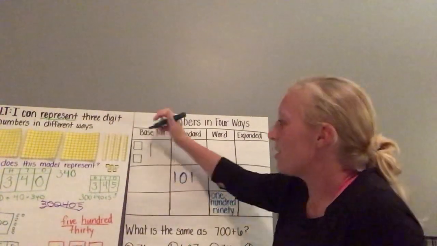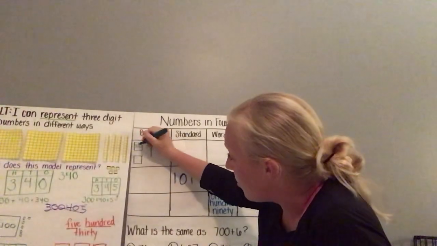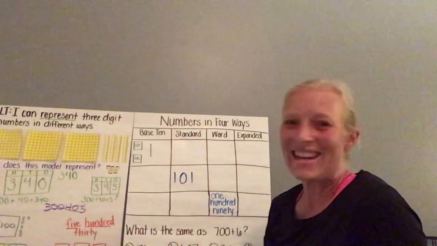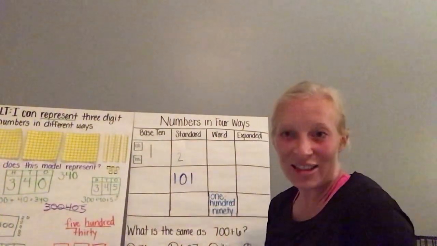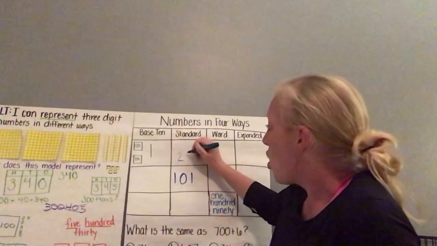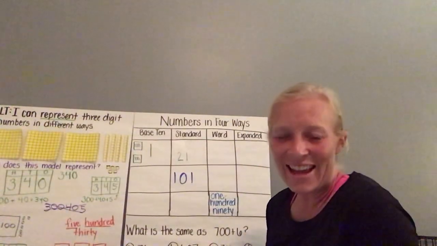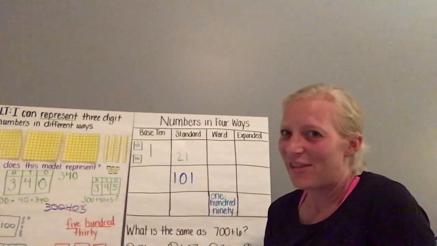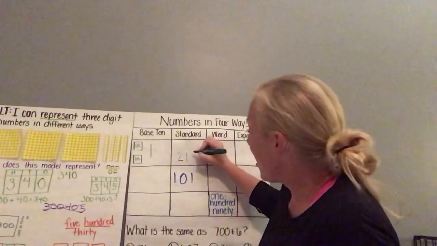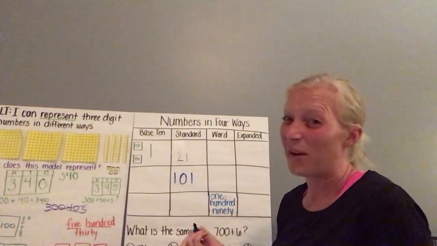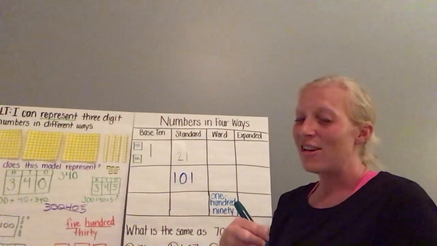This model has our 2 hundreds, our big squares, right? And it has 1 ten. So I have my 2 hundreds, I have my 1 ten, and how many ones do I have? Well, that's right, I have 0 ones. So when I have 0 ones, but it's a 3-digit number, do I leave it off?